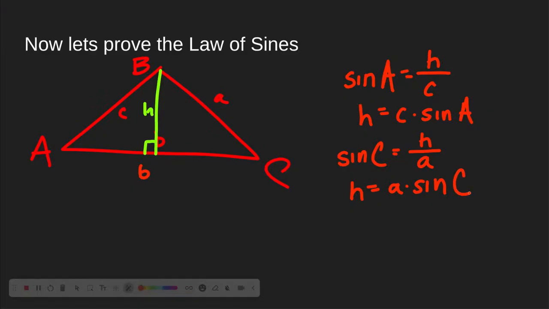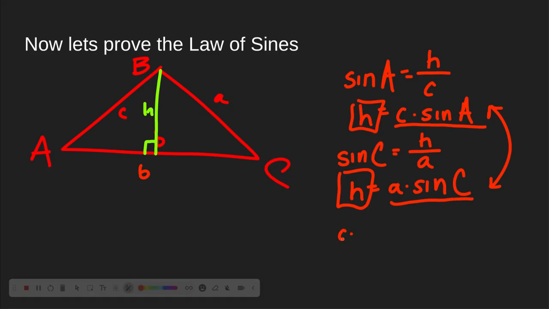Do you remember transitive? Do you see how A times the sine of C and C times the sine of A are both equal to the same thing? So then how does that make these two things related to each other? They must be the same.